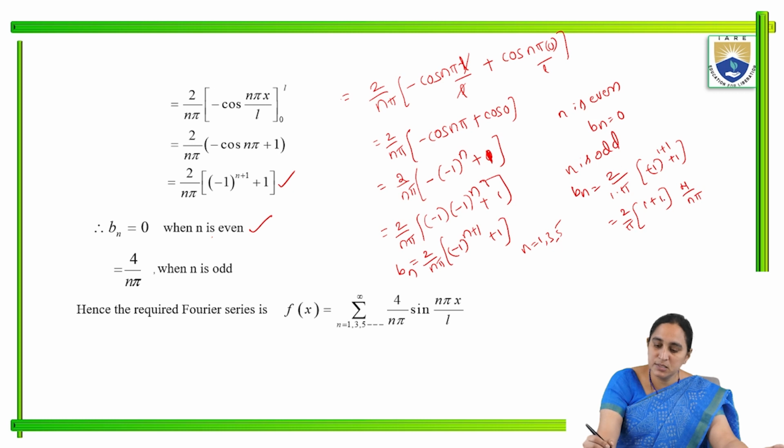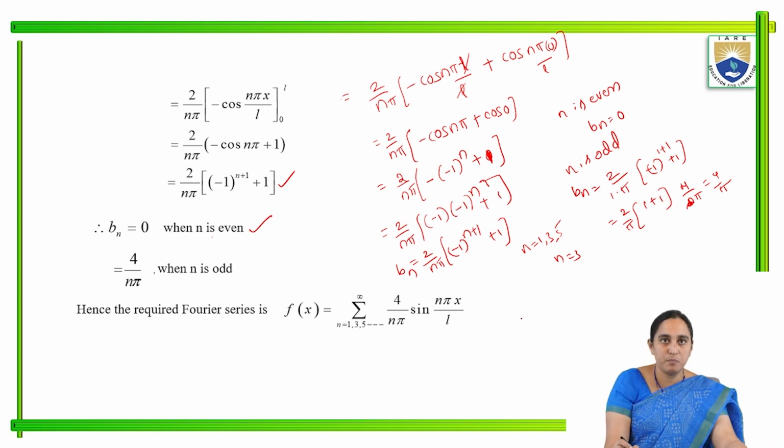If n is 1, that is 4 by pi. If n is 3, also we get 4 by n pi. So if n is even, Bn is equal to 0, and if n is odd, Bn is equal to 4 by n pi.